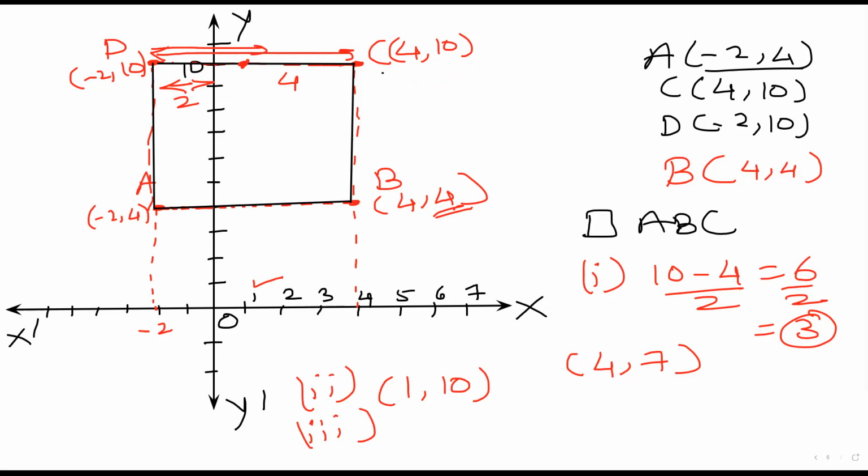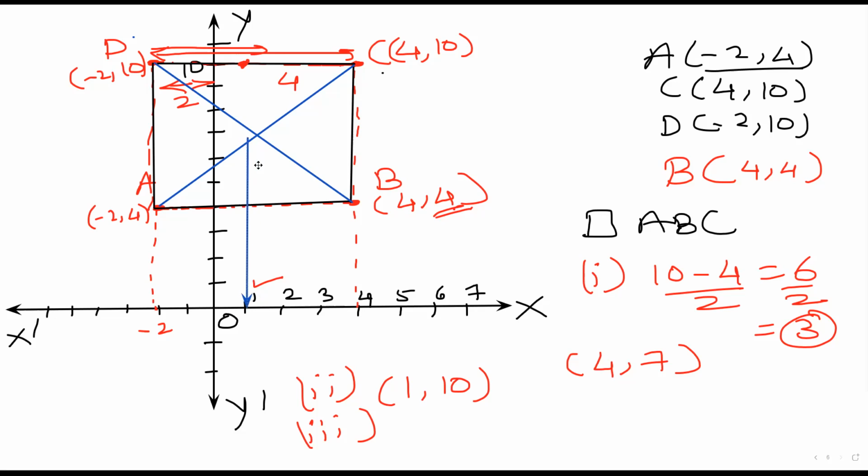Third, the coordinates of the point of intersection of the diagonals of the square ABCD. That you have to find out using the graph. What you can do is join the diagonals AC and BD, and then wherever they intersect, drop a perpendicular.